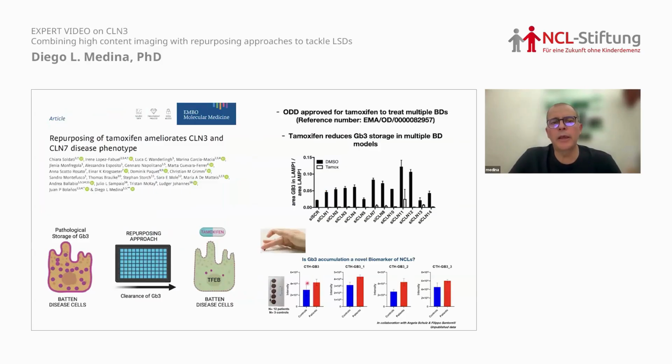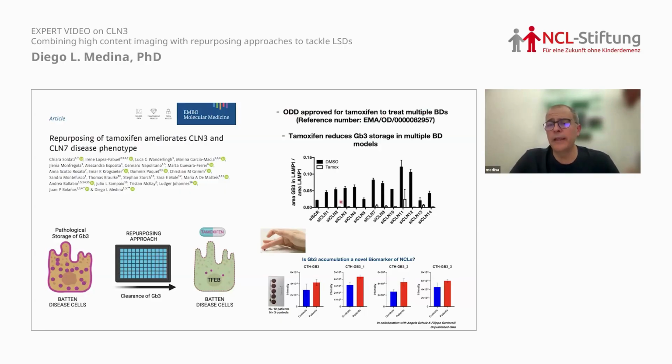So we published the first part of this presentation in EMBO Molecular Medicine, where we identify tamoxifen as a novel small molecule therapy to treat multiple Batten disease, CLN3 and CLN7 phenotypes. More recently, we got the approval of the orphan drug designation for tamoxifen to treat multiple Batten disease.